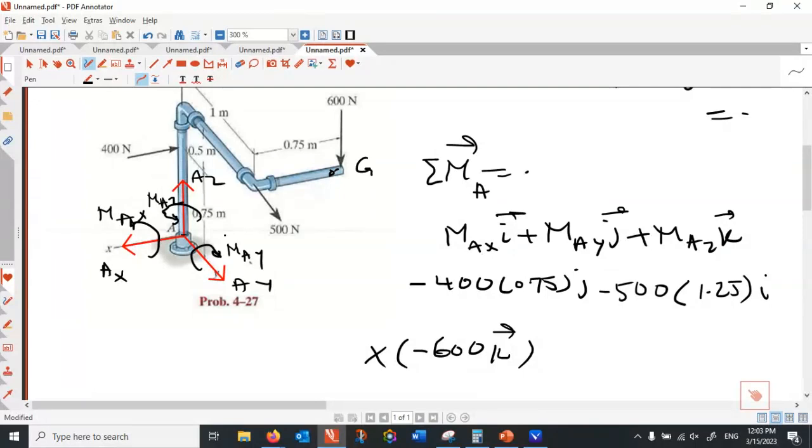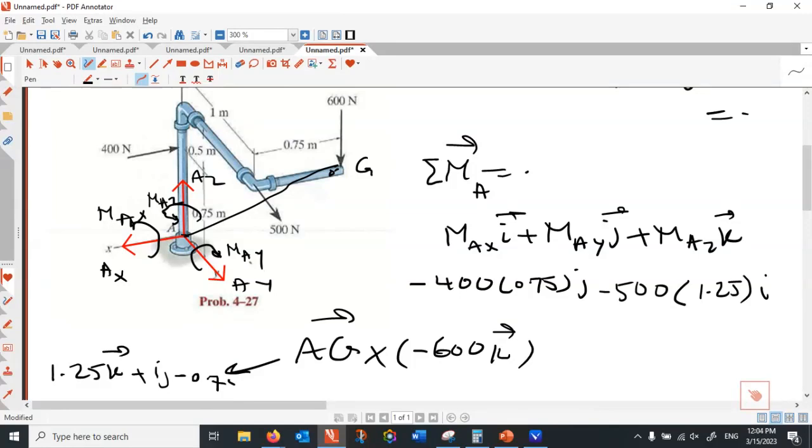Let's call this G, AG. And AG is 1.25K plus 1J minus 0.75I. That's the position vector. So this position vector pre-multiplied by 600K, that is the rotation due to 600.